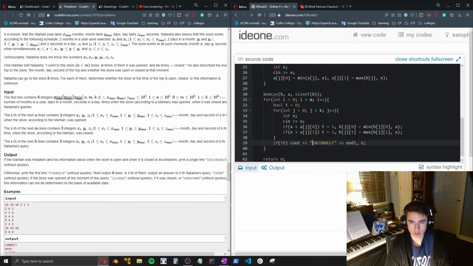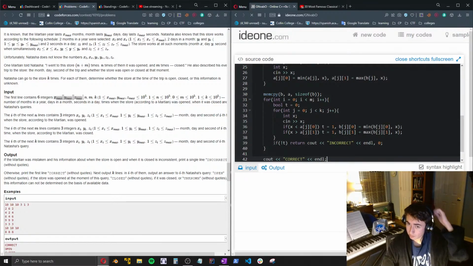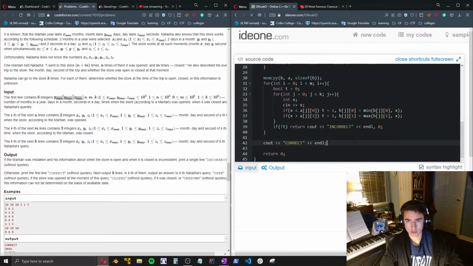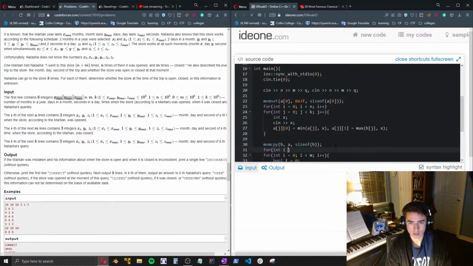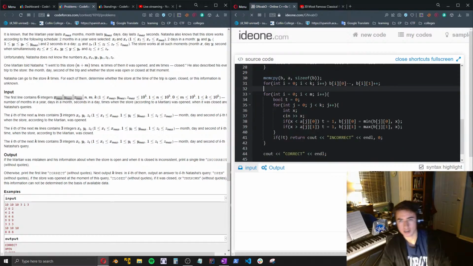No. Let's see cout. Minus key of 0. Alright, now we're saying the bounding box has to be.